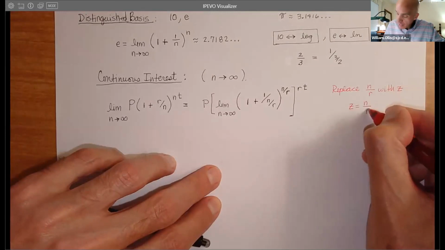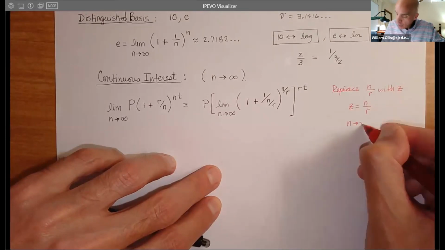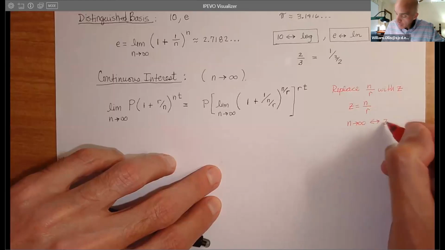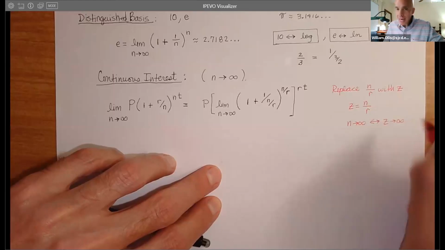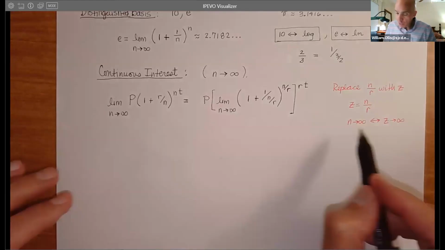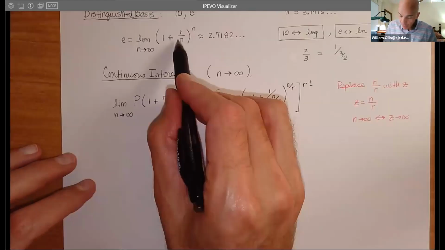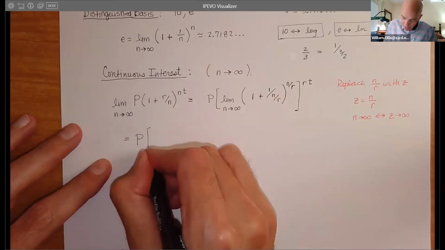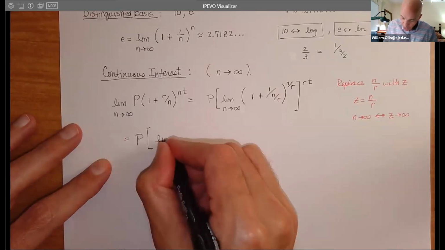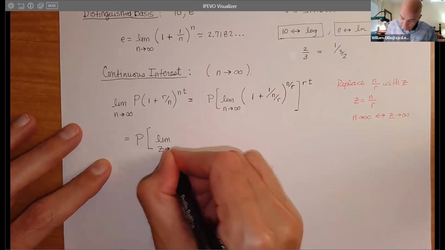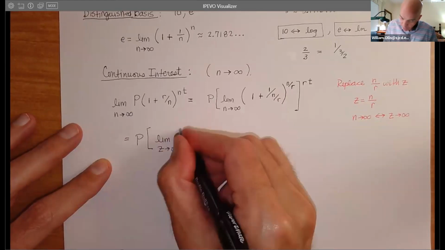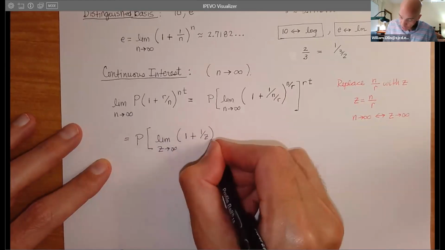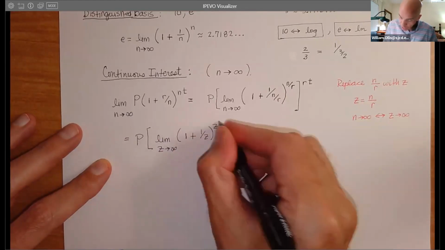And notice if n goes to infinity, r being a constant, this would imply or be equivalent to z passing to infinity. So you could actually write this with the z variable to make it look more like that. So you could say P, the limit as z approaches infinity, and then we'd have 1 plus 1 over z to the z power raised to the rt.